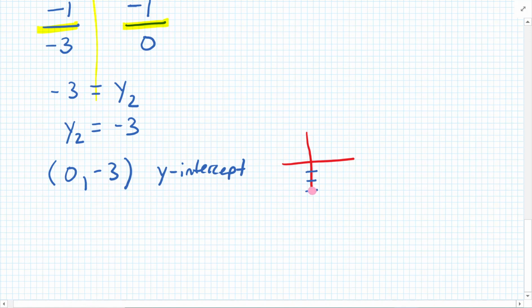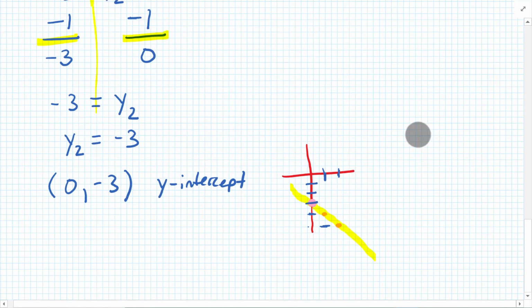And then if we use a negative slope, we're going to go down 1, over 1. So down 1, over 1, a point. And if we go down 1 from here and over 1, we'll have another point. You can start to see that line starting to form. So it will look something like that.